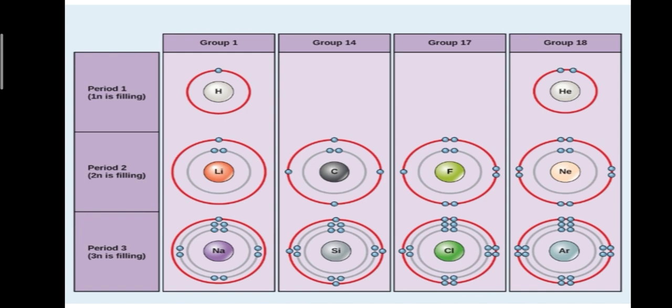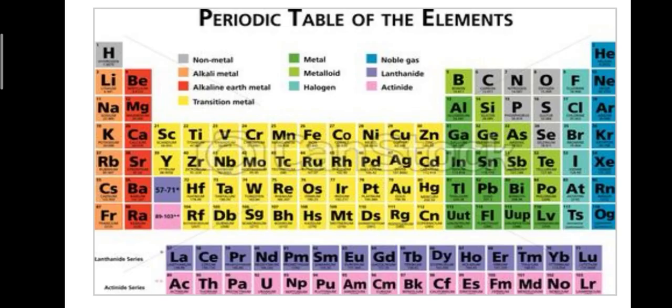Now here you will see group 1, group 14, group 17, group 18. So where did the middle groups go? There is a particular table, and all these 118 elements are arranged in one particular tabular form according to the number of atoms, meaning atomic number. Atomic number, atomic mass number, many characteristics have been considered to make a table. And depending on that, it is nothing but the periodic table.